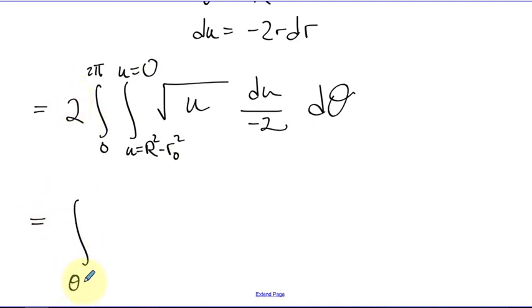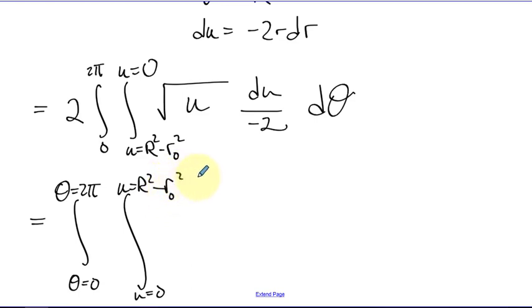This is from theta equals 0 to theta equals 2 pi, u equals 0 to u equals this big R squared minus r0 squared. The 2's are going to cancel. And the negative is gone because the bounds switch.